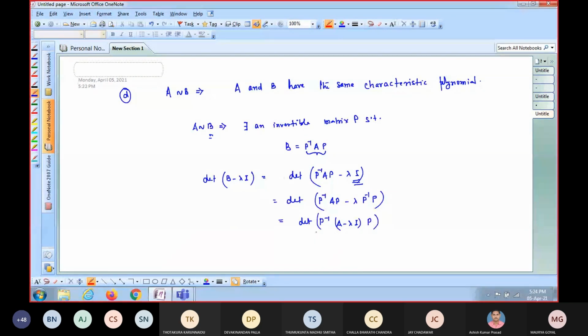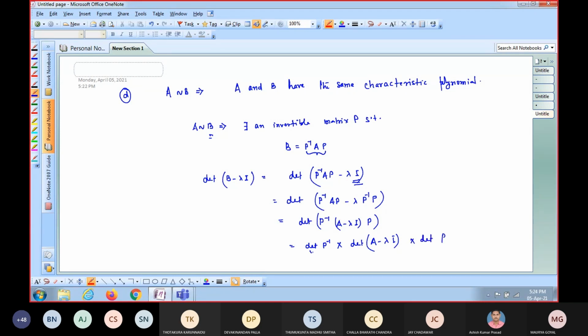So this is nothing but the determinant of P inverse into the determinant of A minus lambda I into the determinant of P, because the determinant of a product is the product of the determinants.